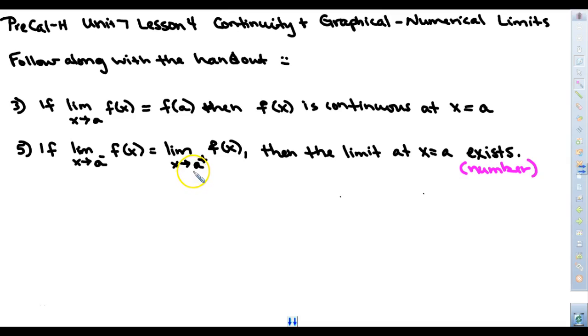Look at number 6 on your handout, and it's reminding you to think of a limit as a journey, not a destination. So think of it as the value that y is approaching, but it may not necessarily get there, okay?